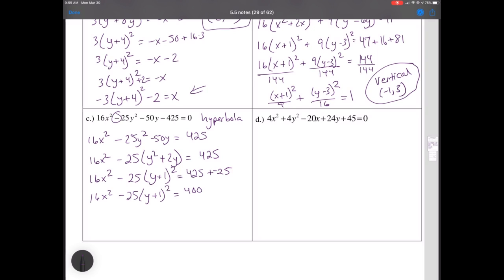So we'll divide both sides by 400. And that gives me x squared over 25 minus y plus 1 squared over 16 equals 1. And our center point is going to be at 0, negative 1. And what direction would this hyperbola be? This is going to be a horizontal one.